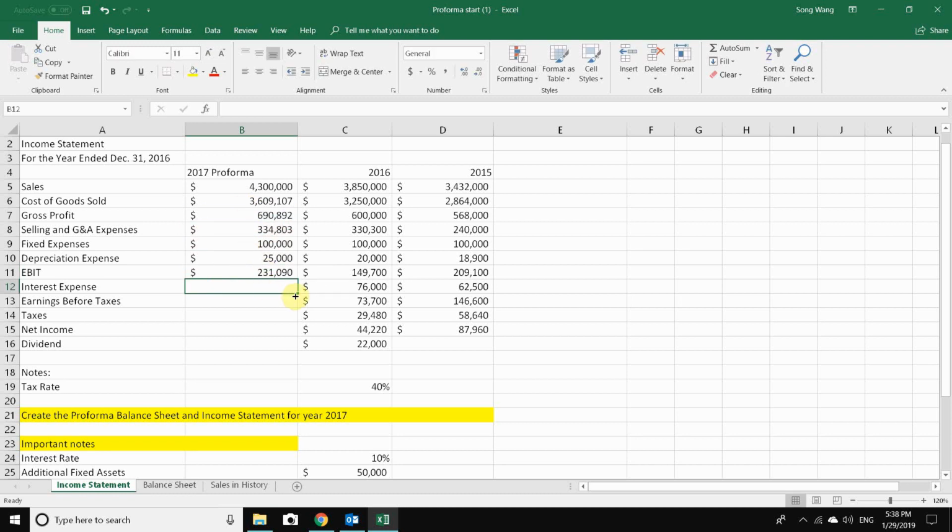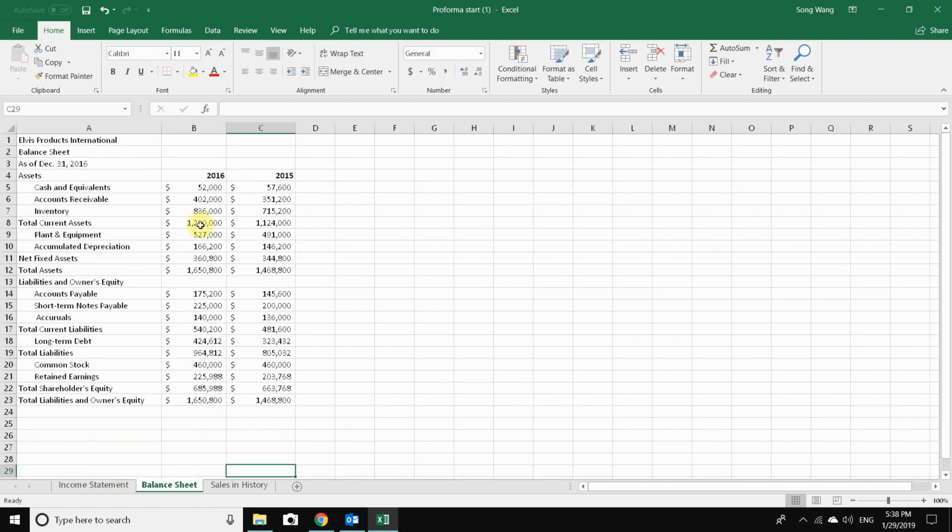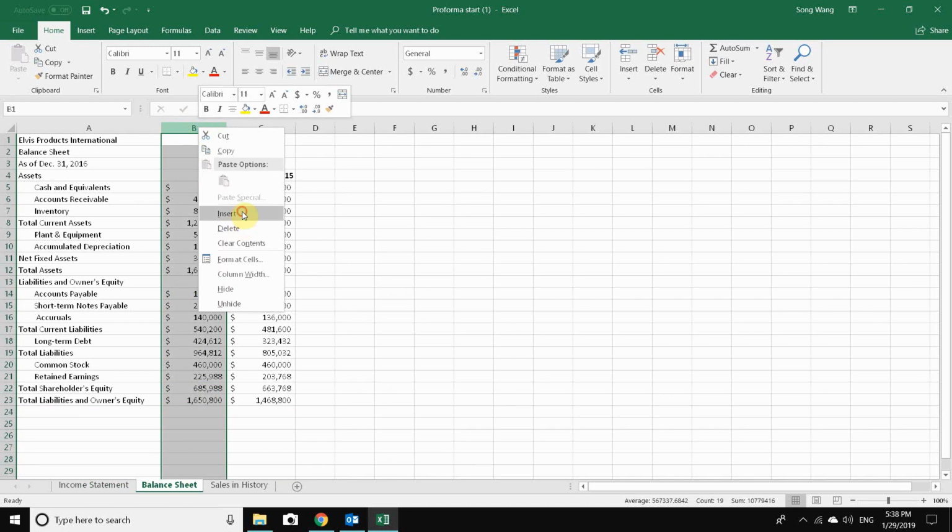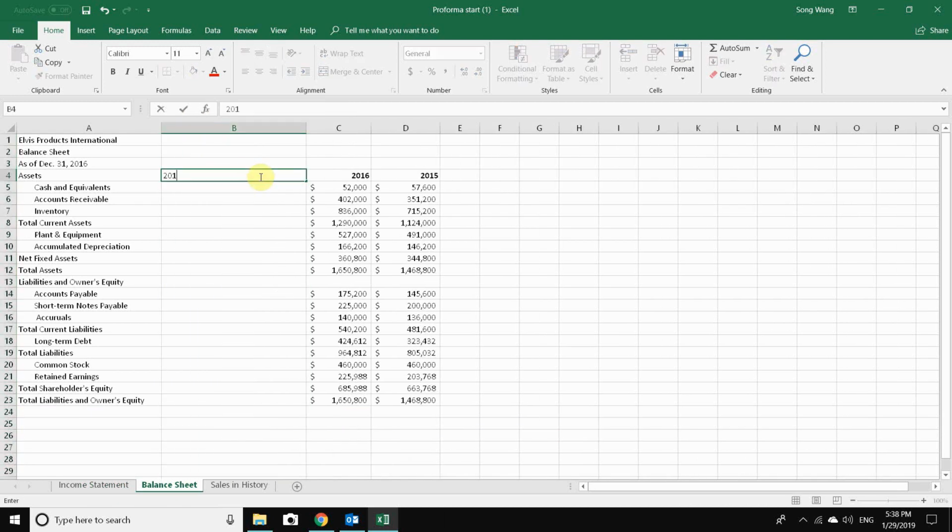And your interest expense is basically 10% of the short-term and the long-term debts, and in the balance sheet I'm going to create a Proforma year, okay, and the short-term and long-term debt would be assumed to be the same.